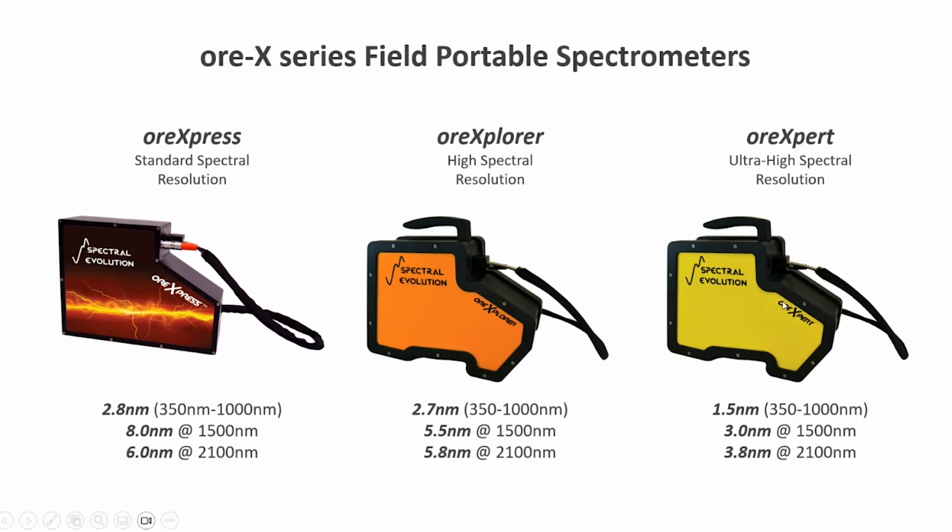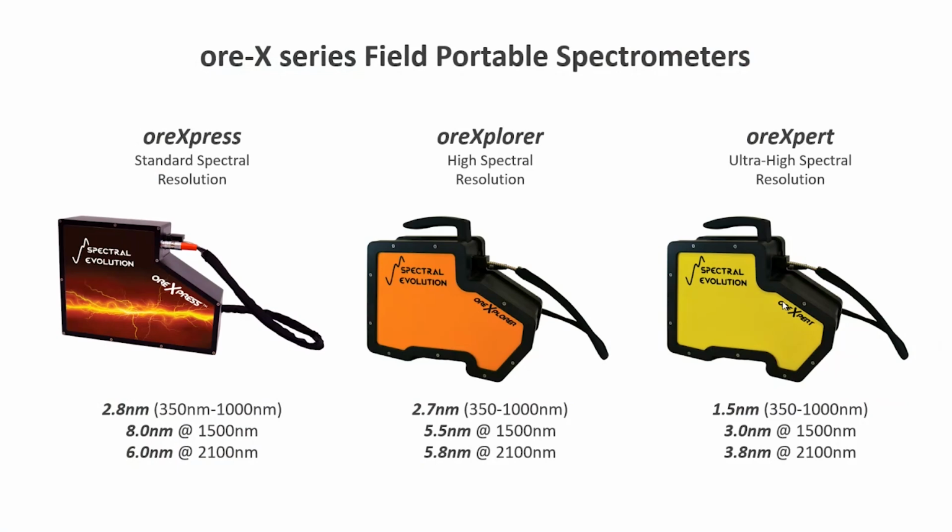And then finally here on the far right is our Expert, which is the highest spectral resolution field portable spectrometer in the world right now, that boasts a 1.5 nanometer resolution in UV Vis, 3 nanometers in SWIR 1, and 3.8 nanometer resolution in SWIR 2.